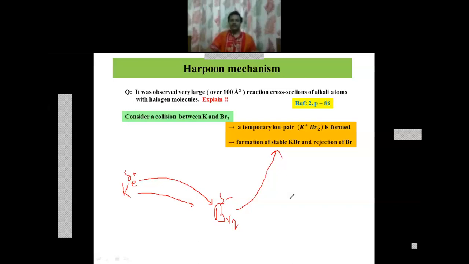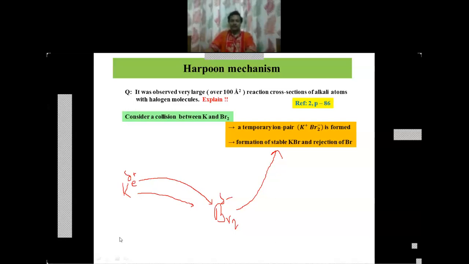So this is called the Harpoon mechanism. In this mechanism, the electron is used as a harpoon to catch the Br2 molecule and then pull it back with a rope, which is nothing but the Coulomb interaction force, right.